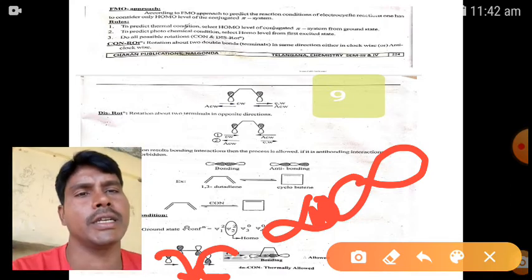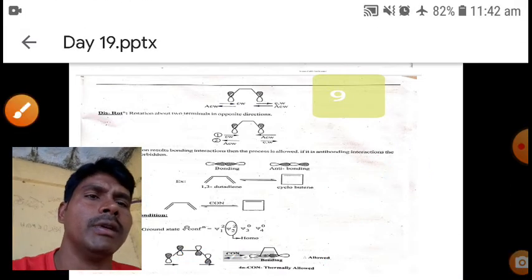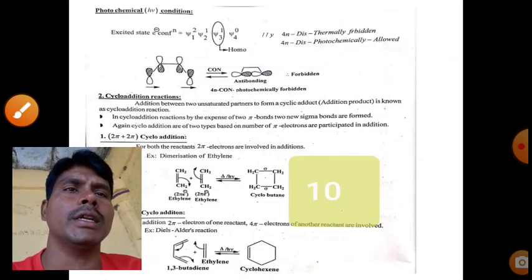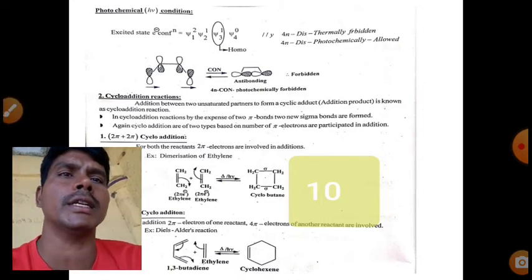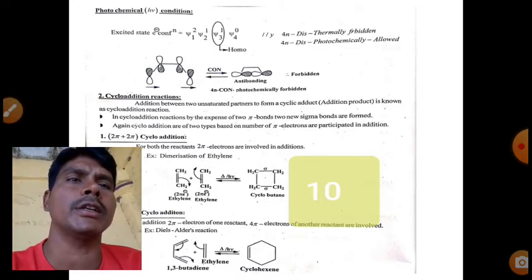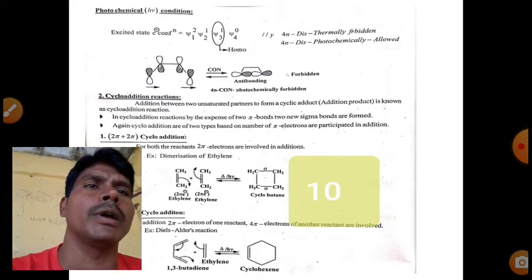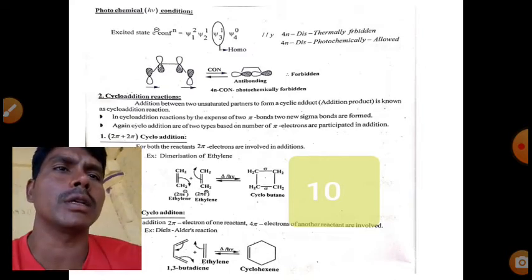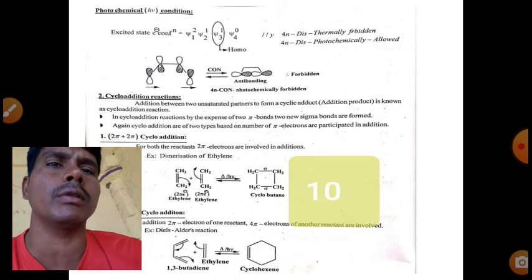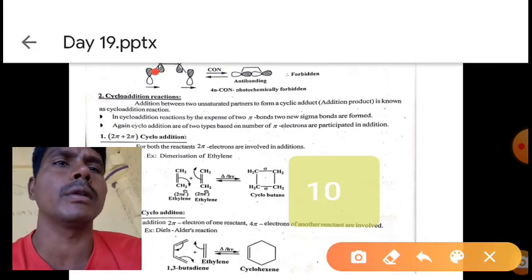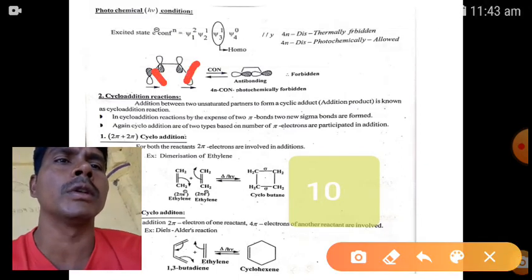At thermal condition. Next, if you observe the photochemical condition, in photolytic condition the excited state electron configuration is needed. From this configuration, you can select the HOMO orbital of the pi system. Here it is Psi3, which has 2 nodes, one here and one here. Both terminals have the same lobes.